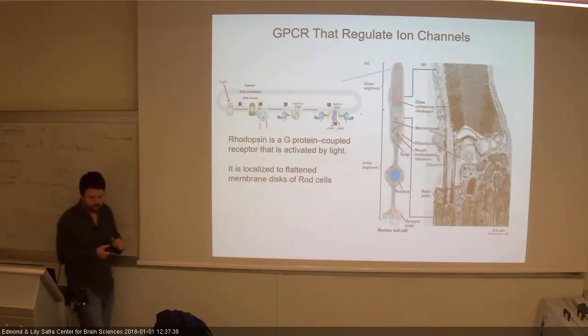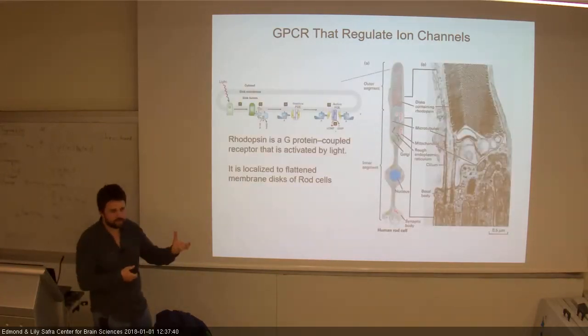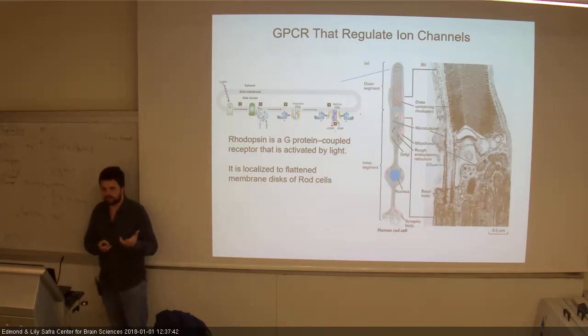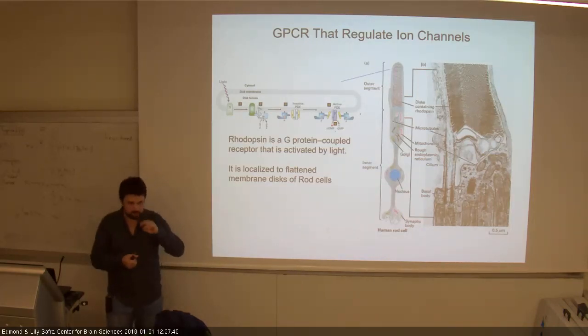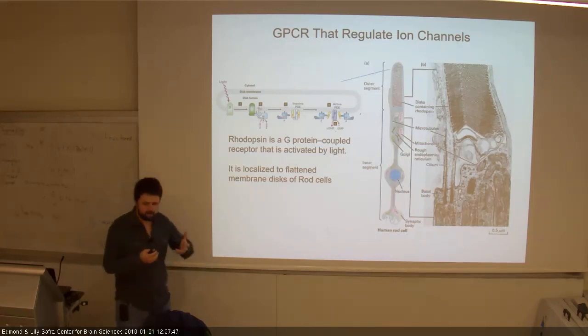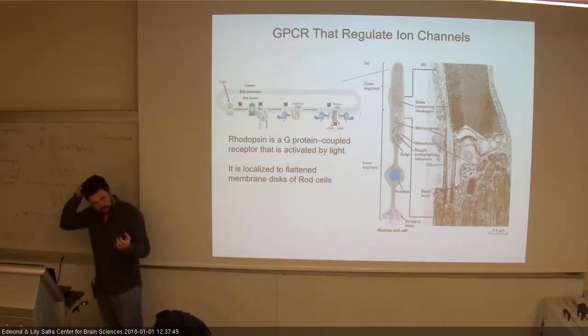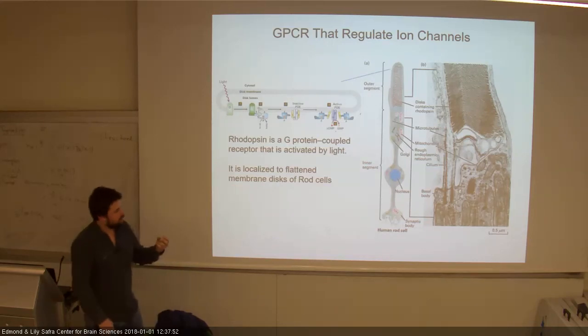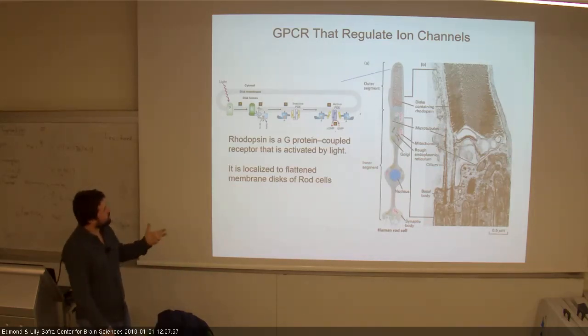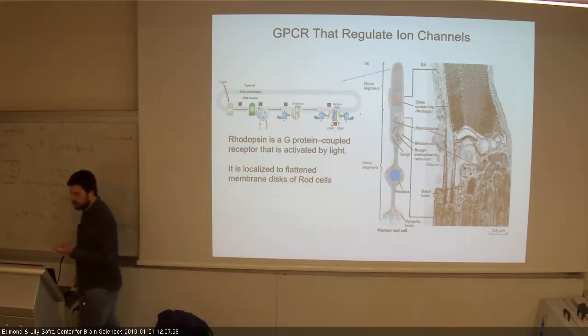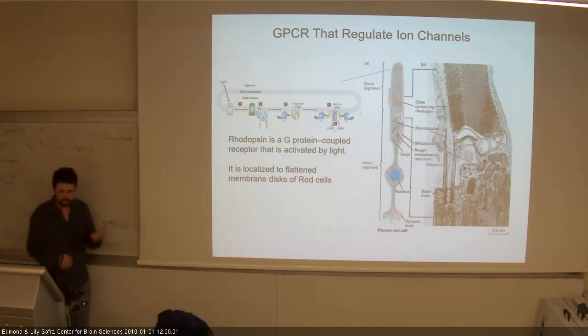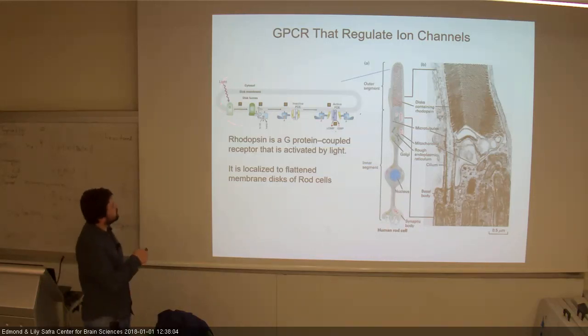And I told you that one of the things that GPCRs do very well is amplify the signal. So in the case of epinephrine, you saw that we got a very dramatic response from a few epinephrine molecules. Another system where biology chose to induce amplification is the visual system. So the rhodopsin in your eyes, you probably heard that name, but you didn't know that it's a G protein coupled receptor that is activated by light.